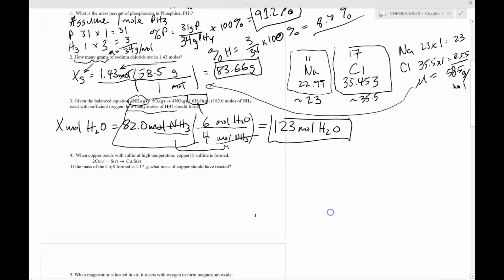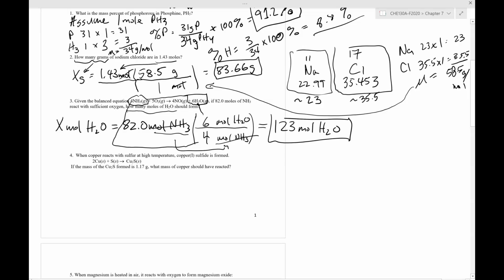Next question asks us to put that together with the gram to mole conversion factors as well. So we've got a balanced chemical reaction equation here for copper reacting with sulfur. We're given that we formed 1.17 grams of the copper 1 sulfide.